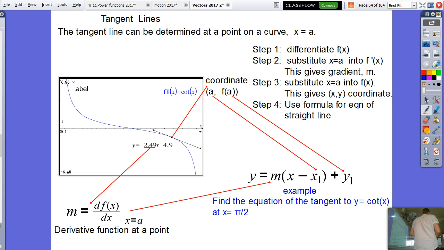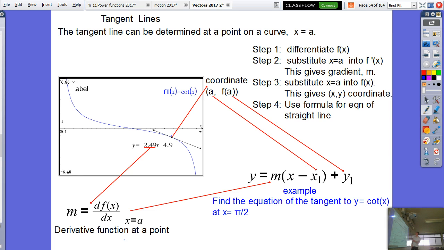So the first thing, tangent lines. A tangent line can be determined at any point. So here's a cot graph. At some point, we've got a tangent to the curve. And when we find the equation of a tangent line, we're going to follow a few steps. The first step is to differentiate your function.